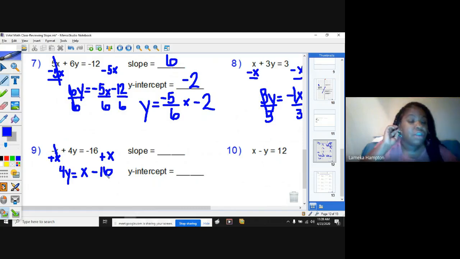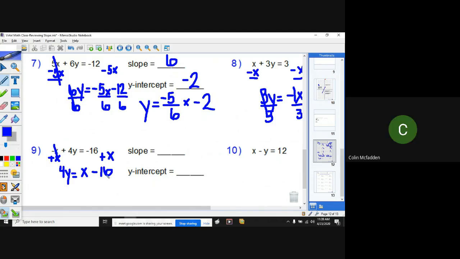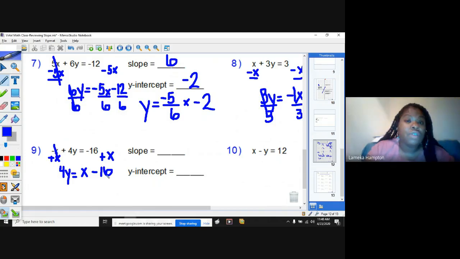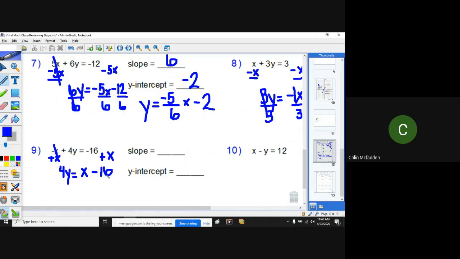All right. So now, Mr. McFadden, I divide. Do you see why I have to divide now? If you don't see it, just say, no, Miss Hampton, I don't see why I have to divide right now. Because you're trying to get the y by itself, correct.